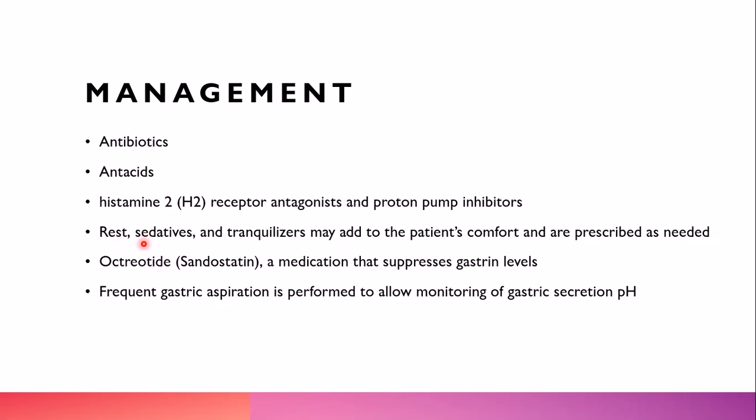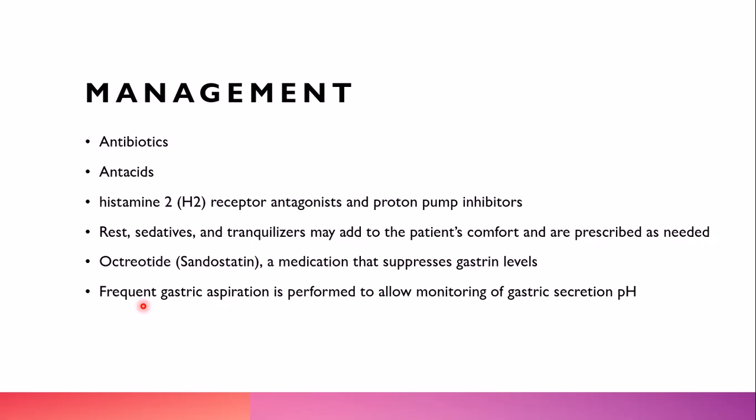And we can give them sandostatin medication. It is to be given to suppress their gastrin levels. Here we are suppressing the enzyme level in the stomach. Then frequent gastric aspiration is performed to allow monitoring of gastric secretion and pH.